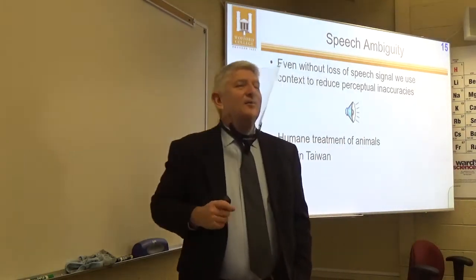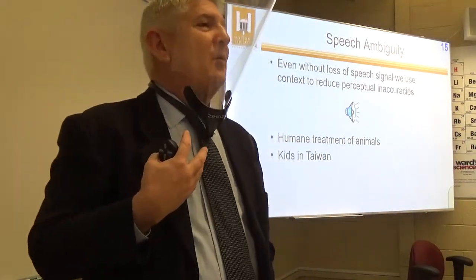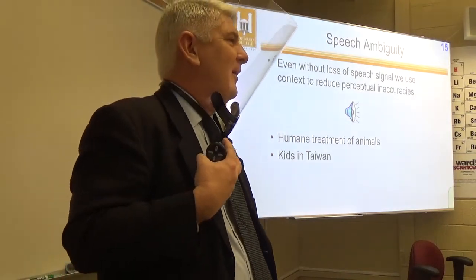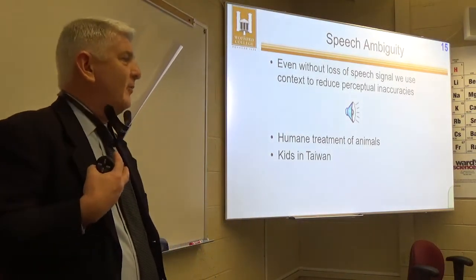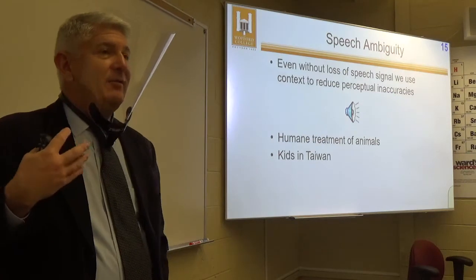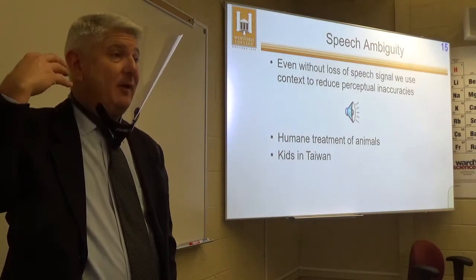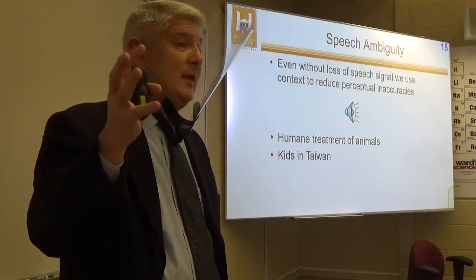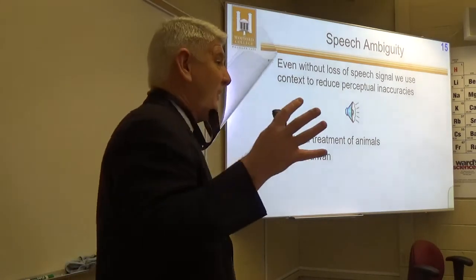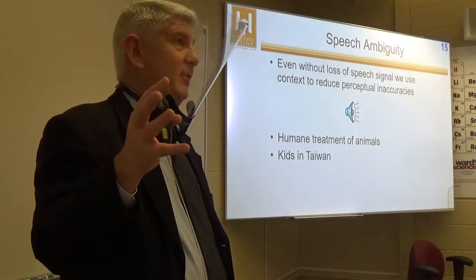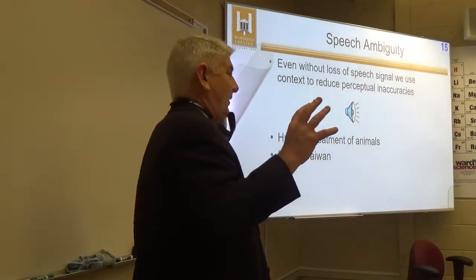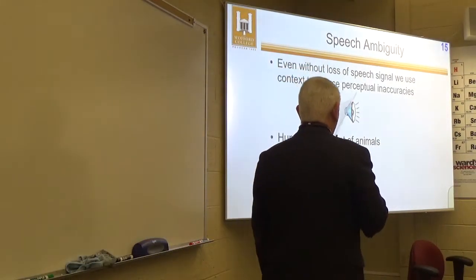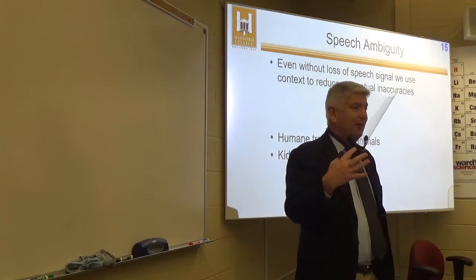So this is just getting at the idea that without context, without top-down influences, our brain has a very difficult time identifying frequencies and figuring out what that means. And so your Wernicke's area is looking at those frequencies going, okay, that sounds like euthanasia, humane treatment of animals.